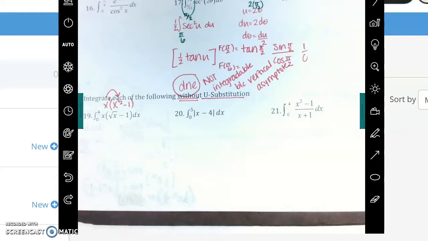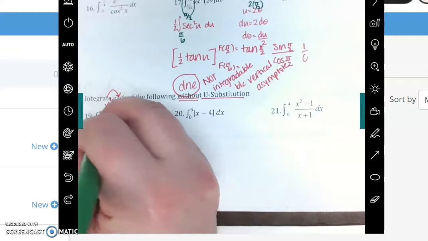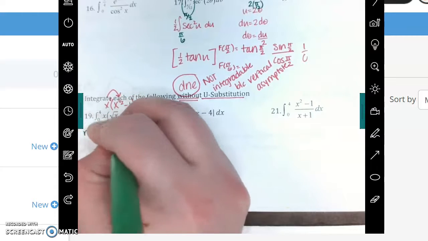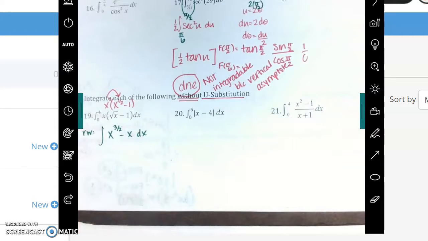What do you do with the exponents? Add. When you're multiplying bases, you're adding exponents. So for my rewrite, that's really x to the 3/2 minus x. Does that make sense? So x times x to the half is really x to the 3/2, then I'll do power rule.